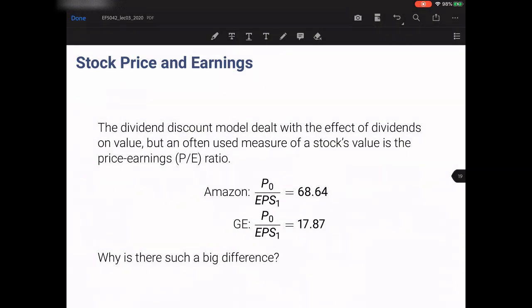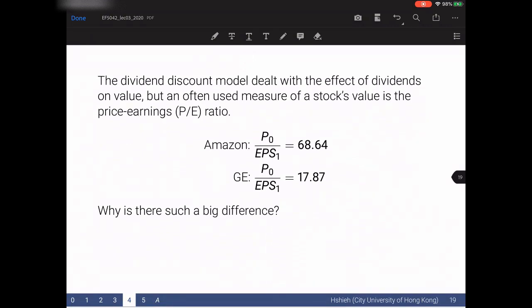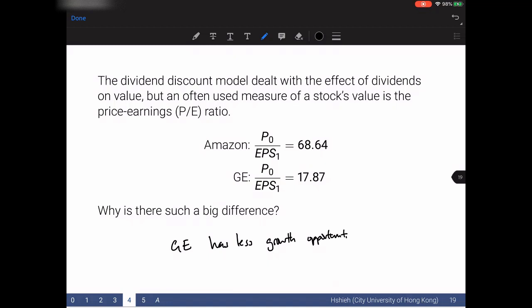I will eventually show you that the PE ratio says something about growth of the firm, specifically through investments.